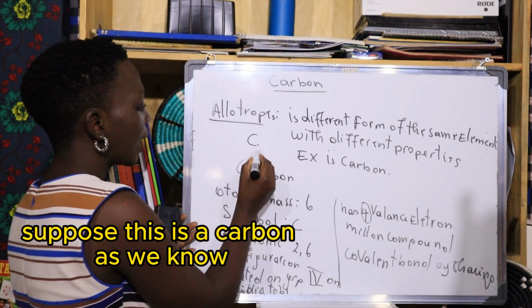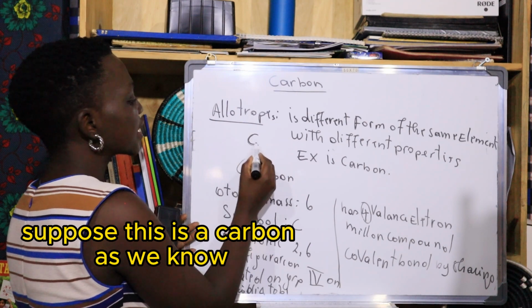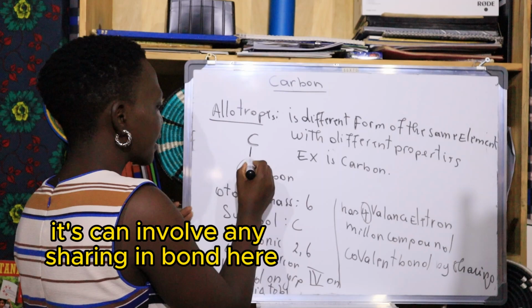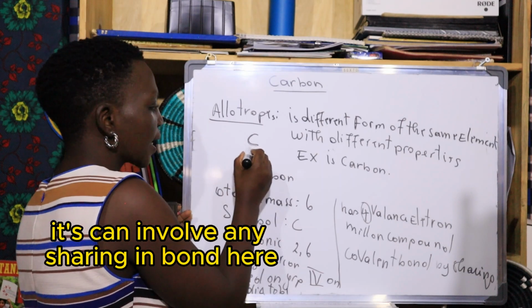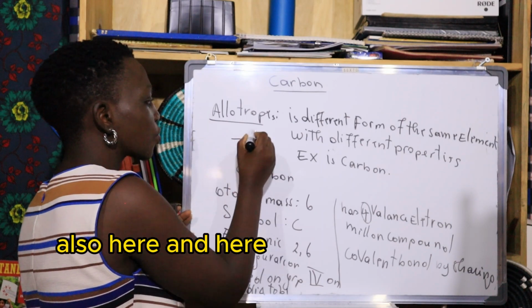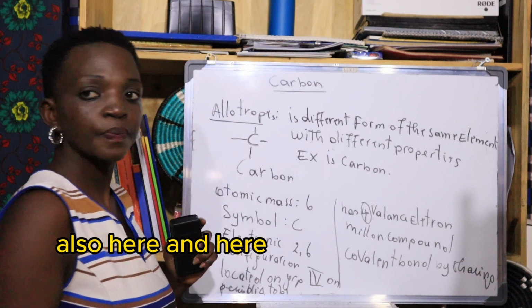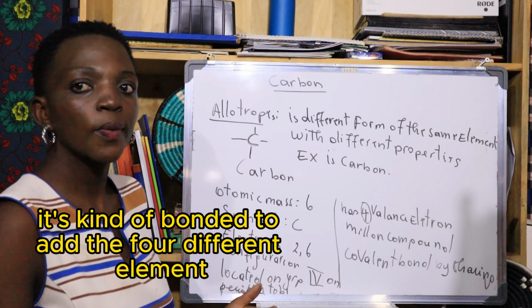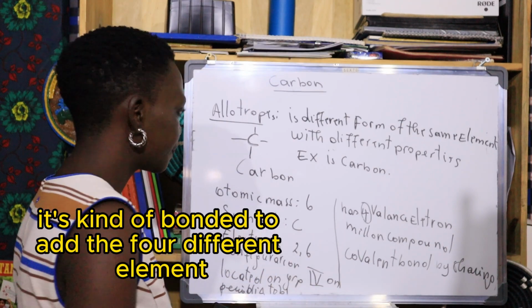Suppose this is a carbon. As we know, it is symbolized by the letter C. Here it can be involved in sharing in a bond, here also, here and here. It can bond to 4 other different elements.